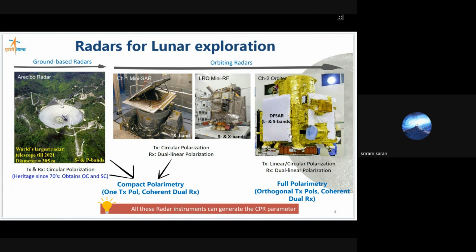So when I say L band, it is around 24 centimeters, and S band is around 12.6 centimeters. It has several different modes of polarizations in both transmission as well as reception. So the important thing to note here is all these radar instruments can generate the CPR parameter, which I have just described in the previous slide.